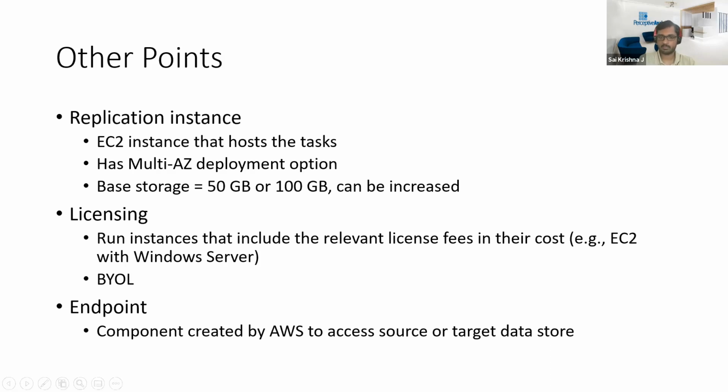For example, if you use the EC2 server with Windows Server, then you'll have to pay the fees for the Windows Server. Or the other option is BYOL, which is short for bring your own license. If you already have a license for Windows Server, then you can use that license on your EC2 platform. So that is a bit on licensing.